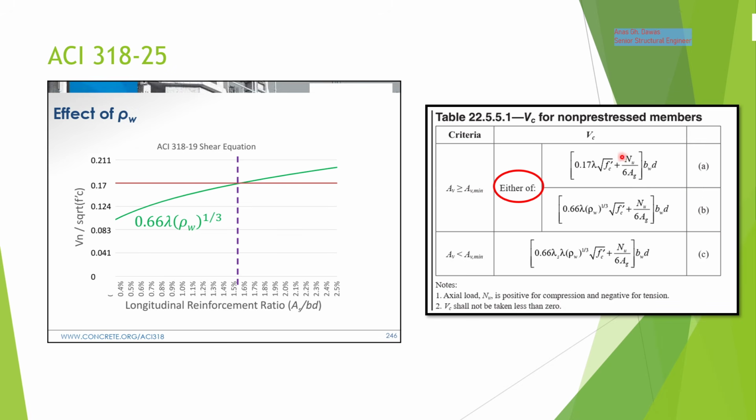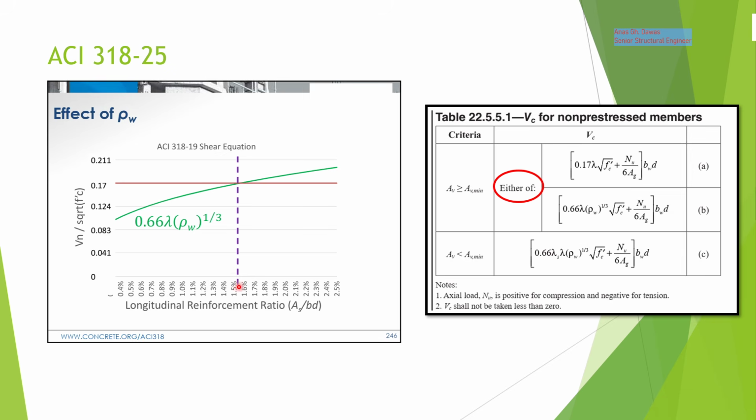Okay, how to decide in which cases I have to use A or B? In fact, you can calculate the Vc one time from equation A and another time from equation B, and you can take the largest value. But here I would like to show you this graph from an ACI University webinar. If you would like to take the benefit from equation B, the minimum steel ratio shall be more than 1.5%. As you can see, because in this equation we can see the steel ratio effect.